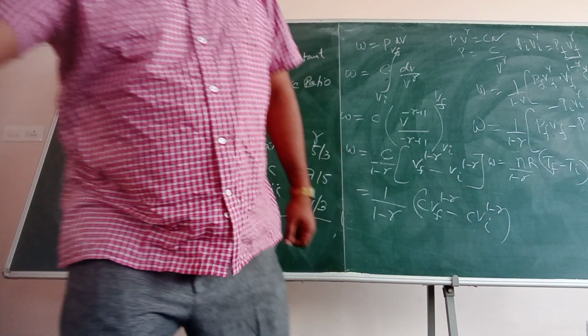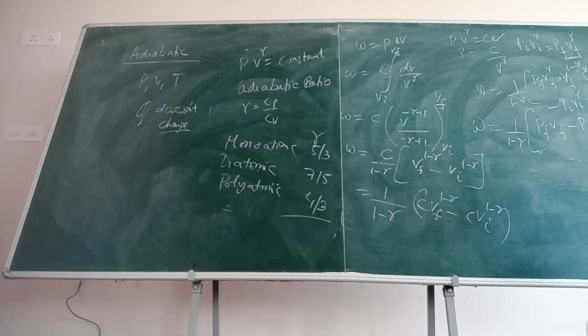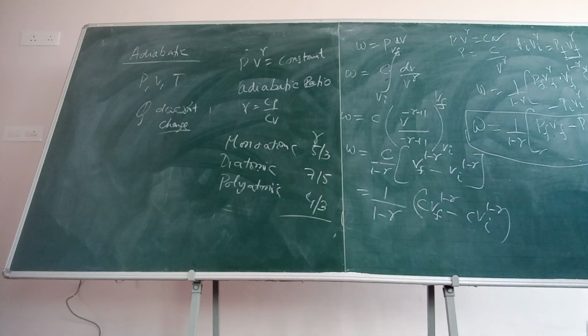You can leave it like this. Why should you write like this? This is the expression. Okay. This is the expression to calculate the work done for an adiabatic process.